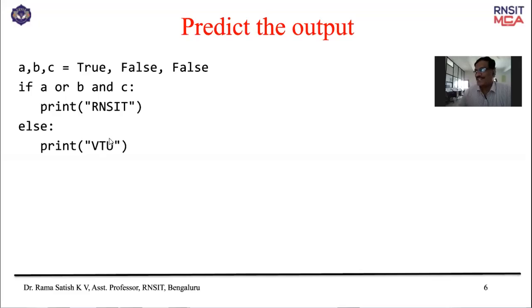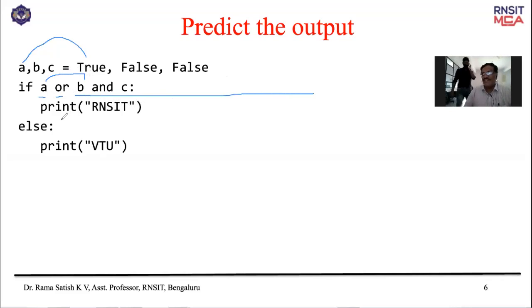Look at here, I told you just now about the short circuit operator. In this case, A, B, C. A will get a true value, B will get a false value, and C also gets a false value. Now, since A is true, true OR anything will not execute the rest. That is short circuit. True OR anything is always true.